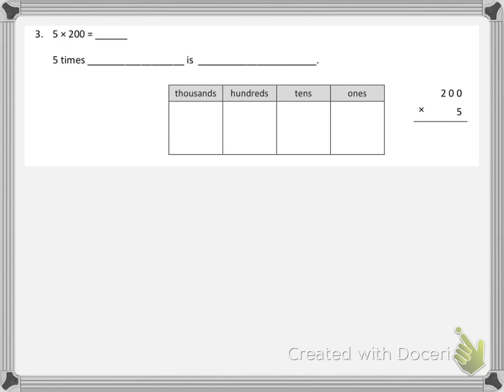All right, so now the next question we have is 5 times 200. So basically it's 5 times, we're going to write 2 hundreds. Now, how does that look in our place value chart? Well, we have 2 hundreds in our place value chart. But if you notice, it is 5, so we need 5 of these.